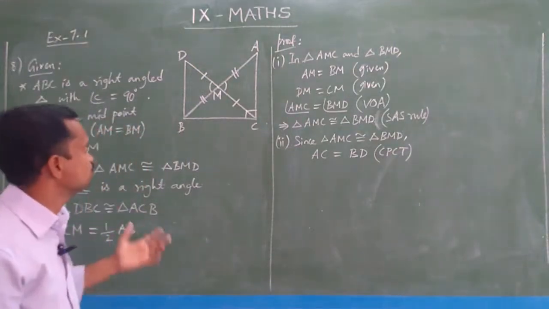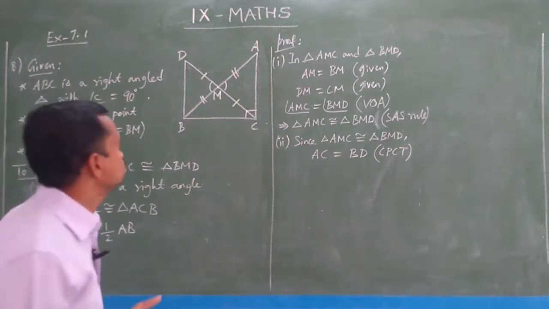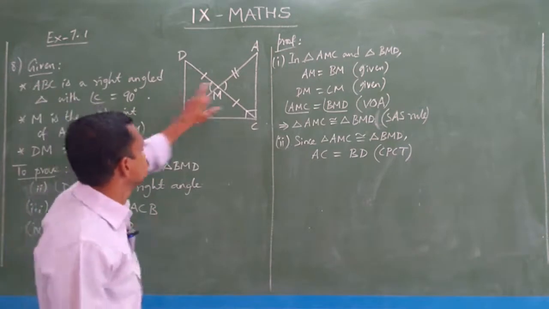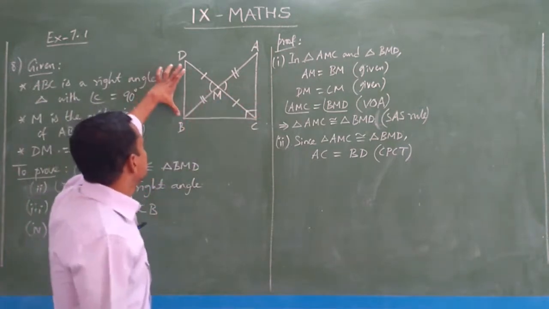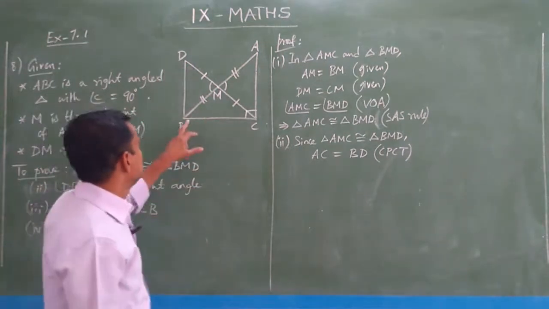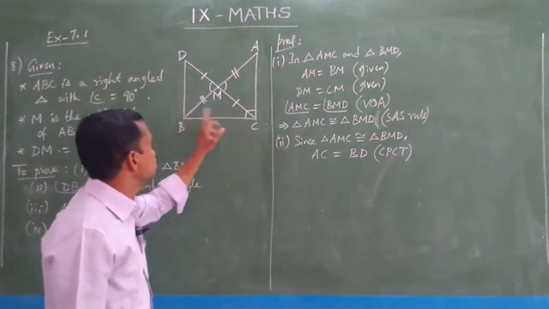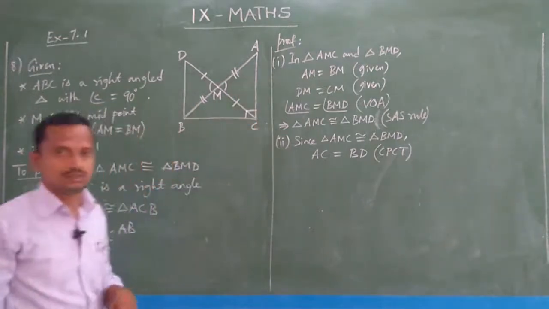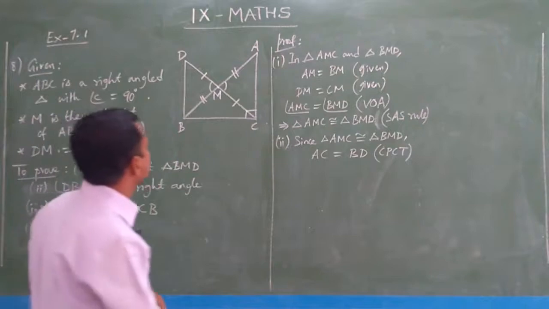Like that, we have to apply the lines and angles concept. We have to say that these two lines, AC and BD, are parallel. Then only we can say these two are co-interior angles: DBC and ACB are co-interior angles.